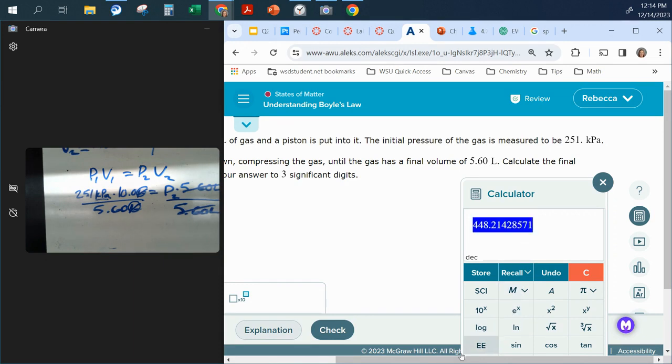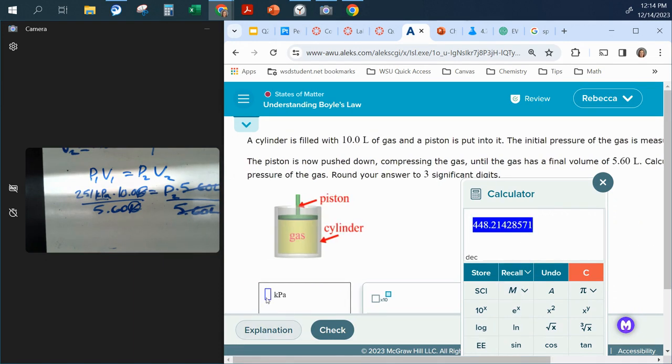Then how many significant digits should we have? 3, good. Remember, this is not going to tell you that on the test. You have to practice remembering. So 448, decimal. We should round.